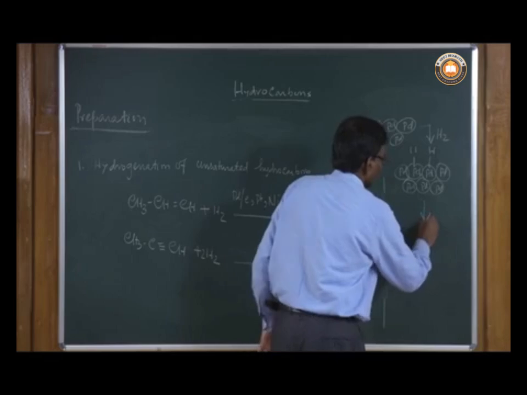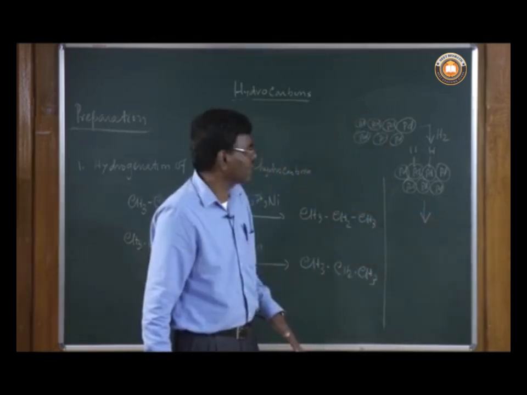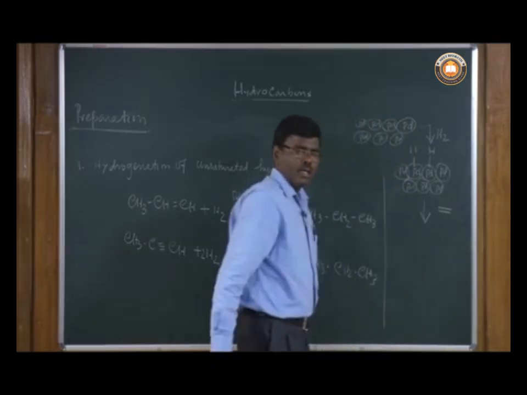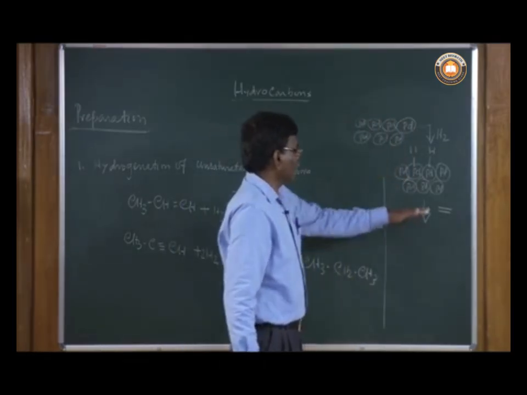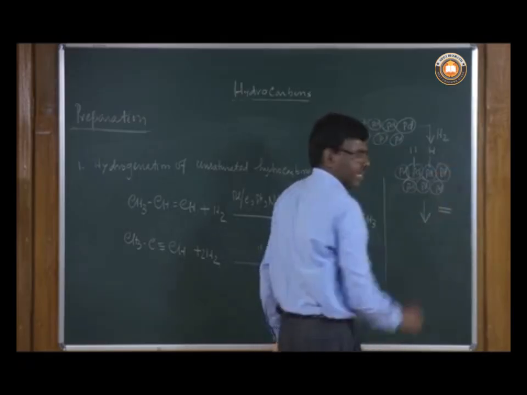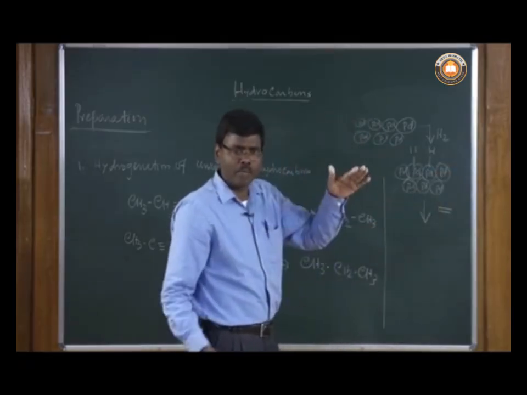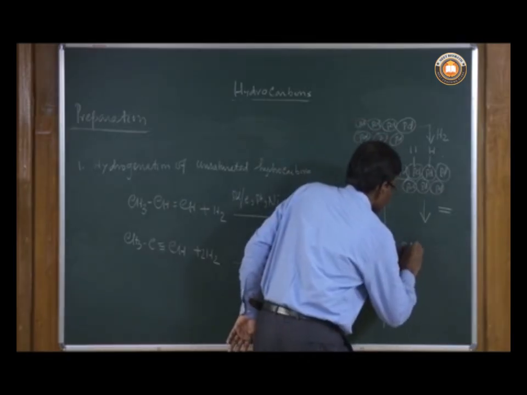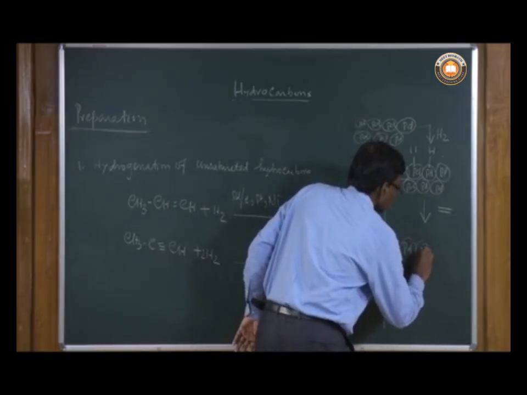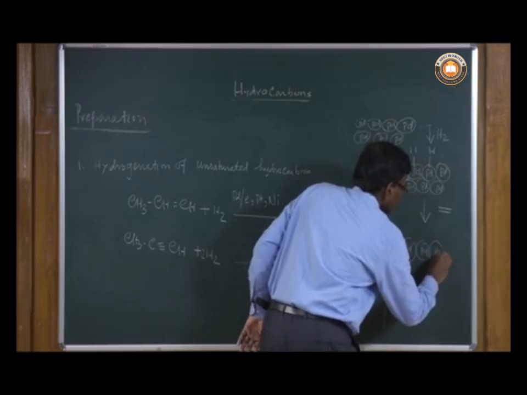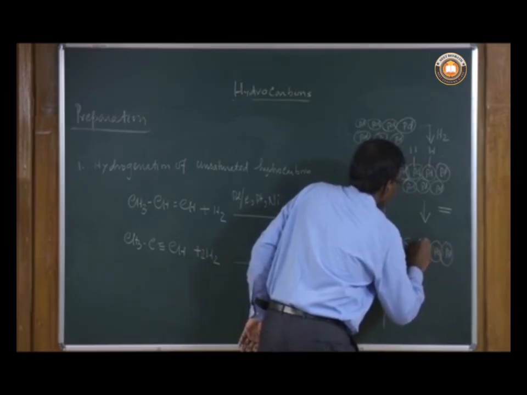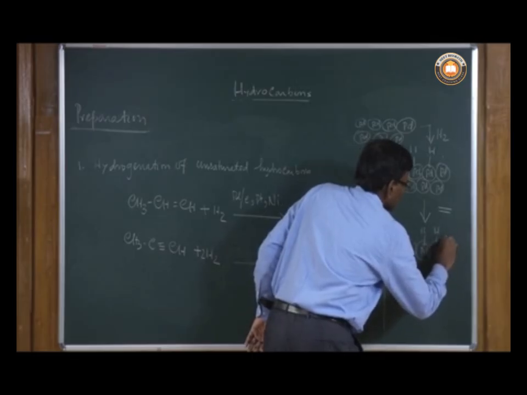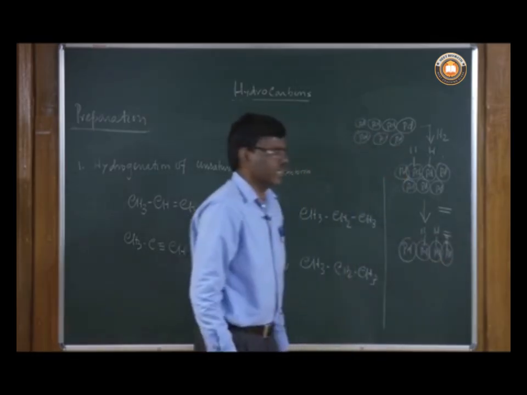The hydrogen is absorbed on the surface of the catalyst, and the alkene can also bind with the palladium by interaction, forming a complex. For example, you have this kind of intermediate.